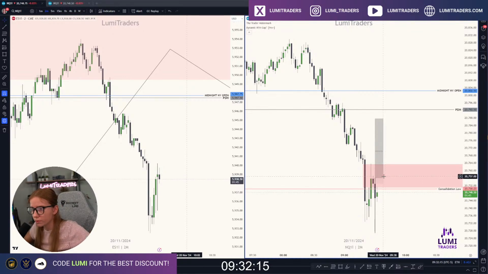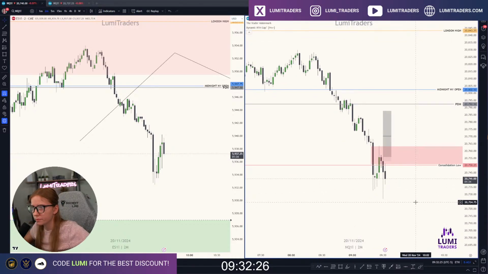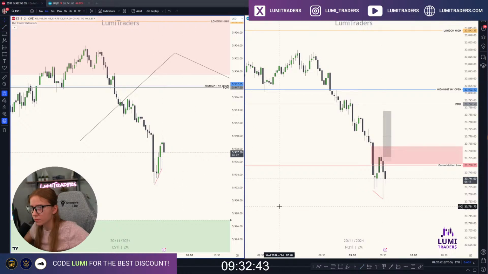Still trying to hold 50% of this 2-minute fair value gap. Pretty much minor SMT only. Not significant in my opinion, since I anticipate a slightly lower move.